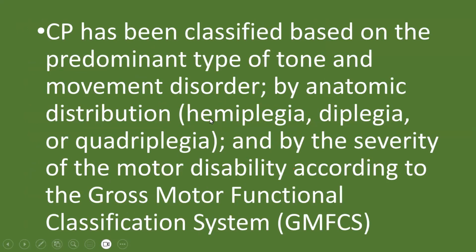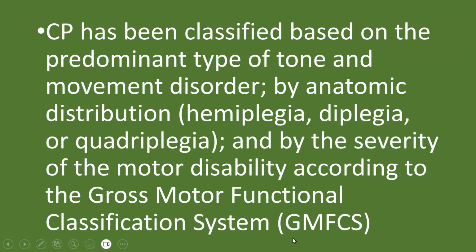What about the classification? CP has been classified based on predominant type of tone and movement disorders, by anatomic distribution, whether hemiplegia, diplegia, or quadriplegia, and by severity of the motor disability according to the gross motor functional classification system.